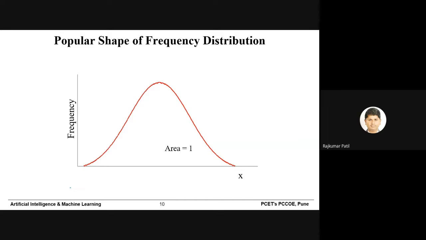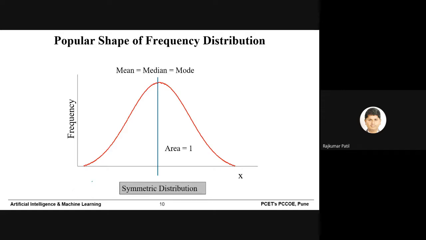Again, when we talk about the popular shape of the frequency distribution, or when we say 6 sigma, then we see a similar kind of symmetric distribution. Here the center line represents the mean, and in case of a standard distribution or normal distribution, mean, mode, and median are at the same point.